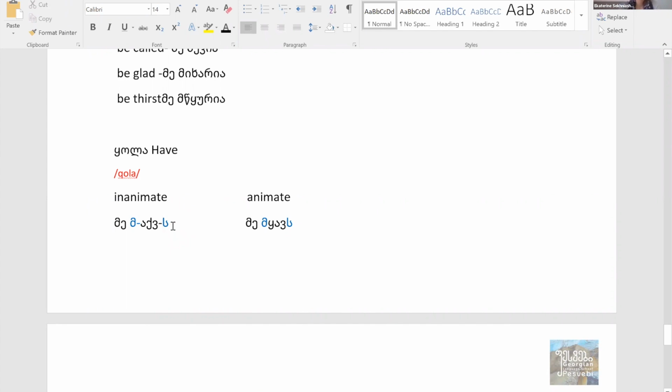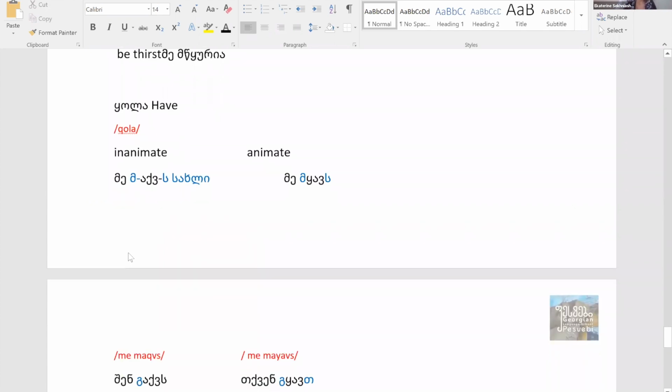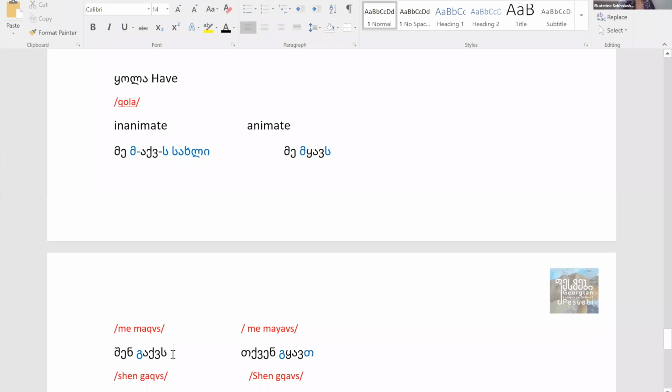For example, me max sachli. So s stands for sachli and m stands for me, which should be the other way around for the first and third class. Shen gaks tigni. S stands for tigni as an object, but initially this is a subject marker, and shen is denoted by g.